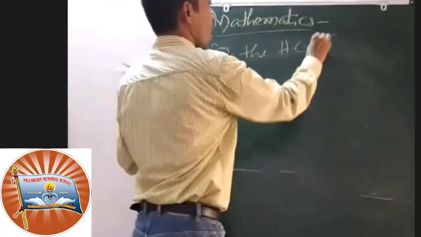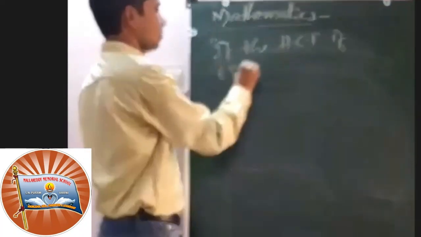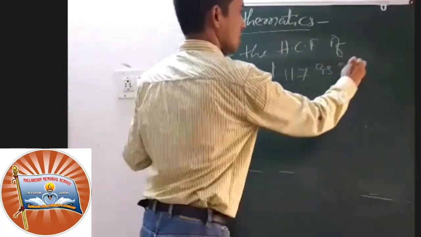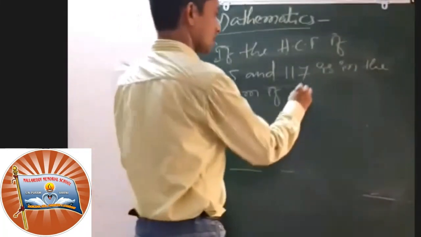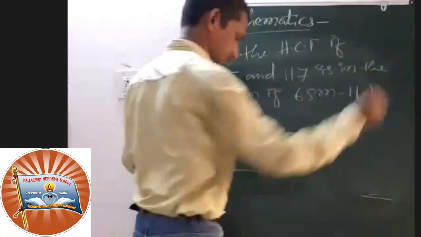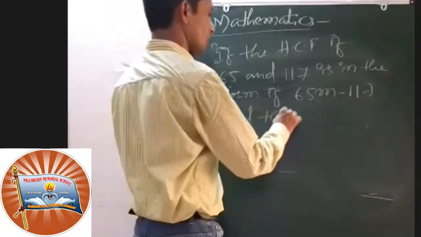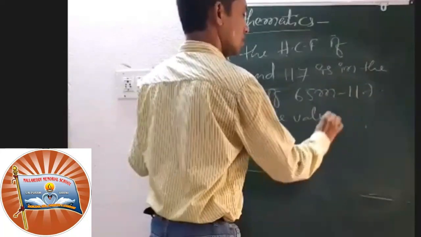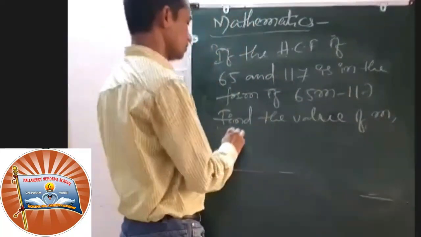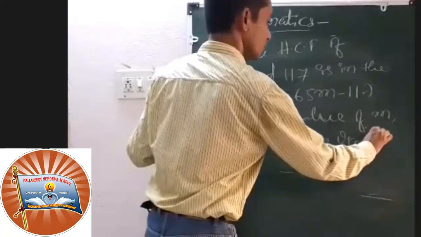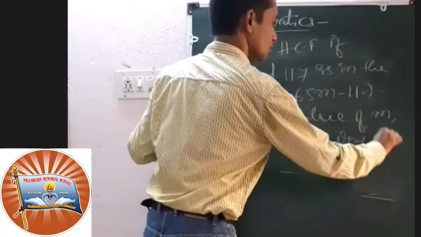If the HCF of 65 and 117 is in the form of 65m minus 117, find the value of m and the LCM by using Euclid division algorithm. This is the question.